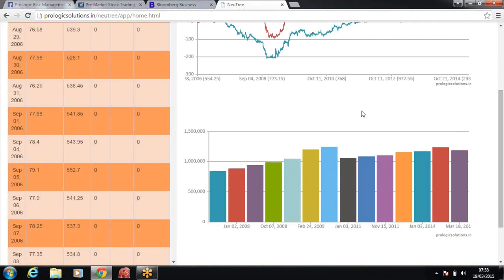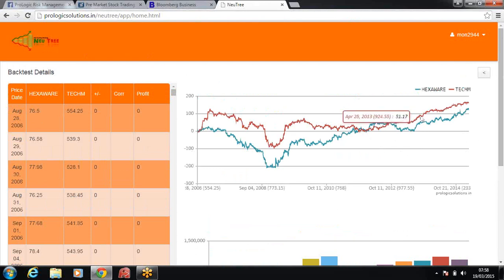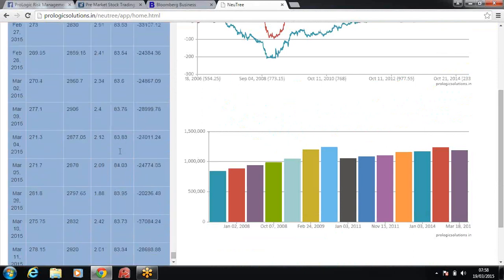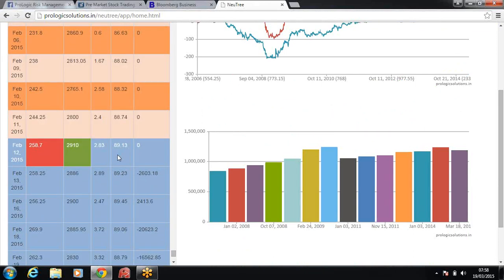Hexaware and Tech Mahindra, you can just see the chart, both are moving in tandem. So Hexaware we shorted and Tech Mahindra we have bought. 2.83 is the Z-score.